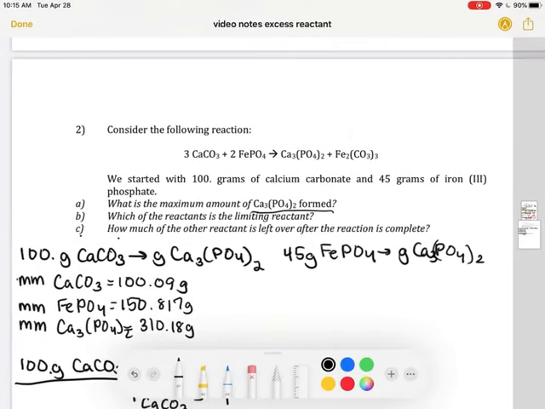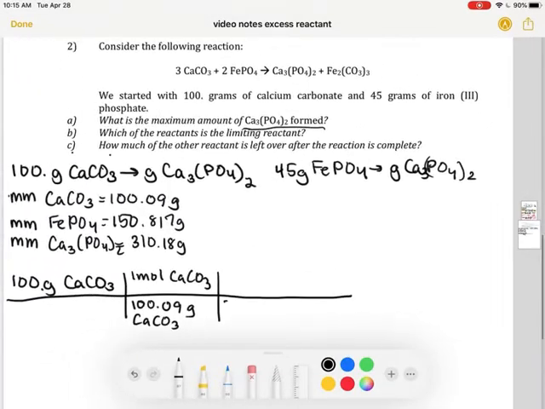And let's see what our mole ratio is. For every 3 moles of calcium carbonate, we get 1 mole of calcium phosphate, Ca3(PO4)2.